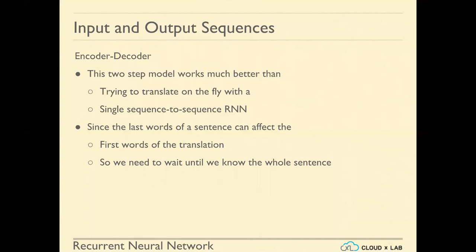With a single sequence to sequence RNN, the last word of the sentence can affect the first words of the translation, right? So this kind of pattern is used in translation, in chat, in suggesting auto replies, because even the last words in the input can entirely change the meaning of the whole sentence.